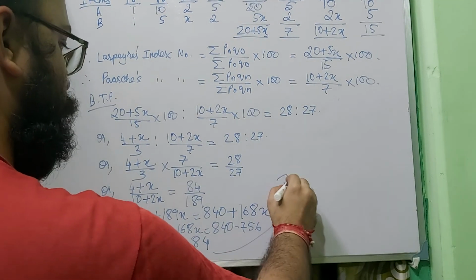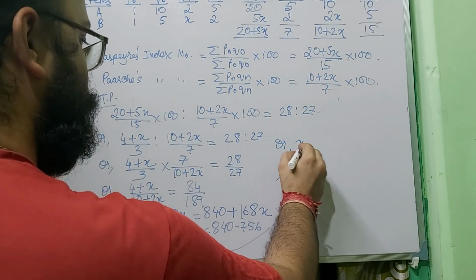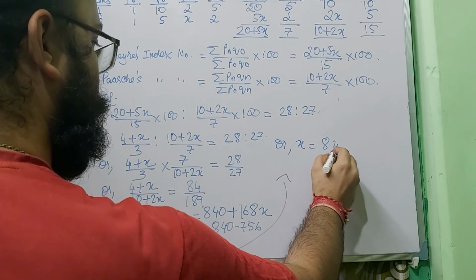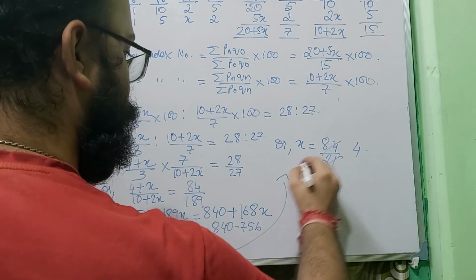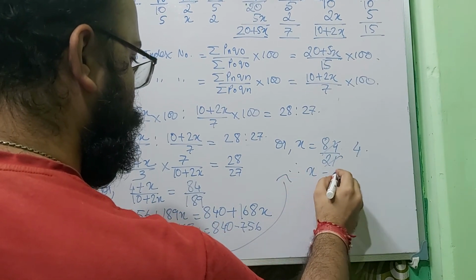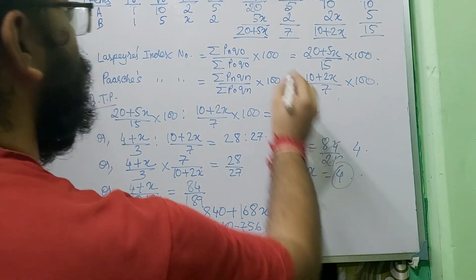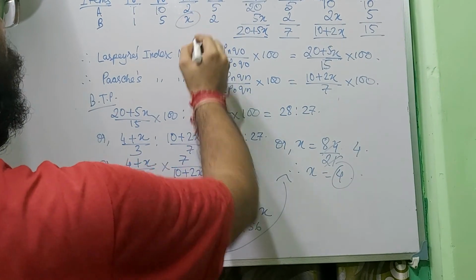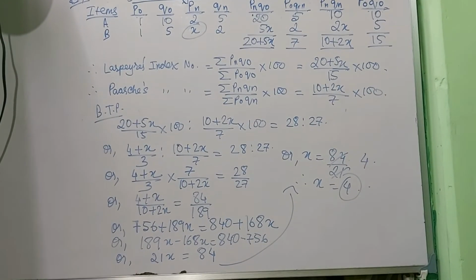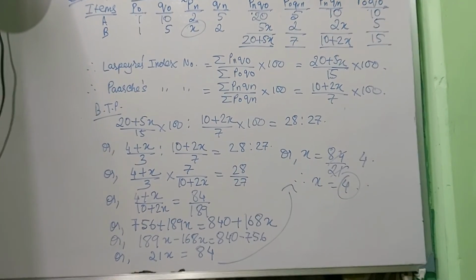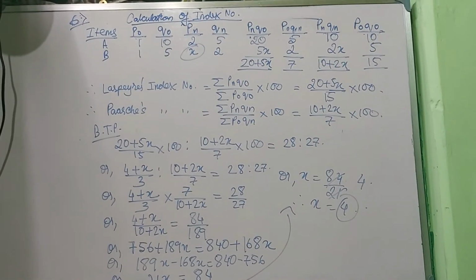Or x is equal to 84 by 21. Therefore x is equal to 4. Means the missing number over here is 4. In this way you can find the value of x. This is the value of x, which is 4.